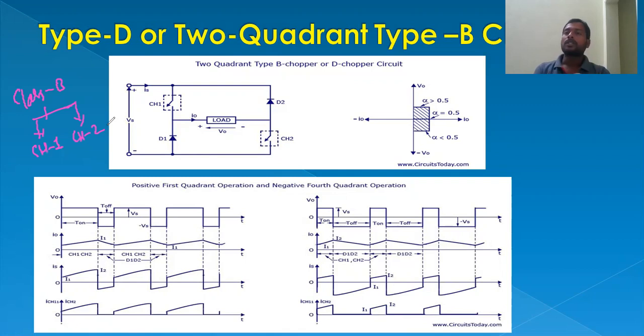When chopper 2 is on, we should keep chopper 1 off in class C chopper. But in this class D chopper, both thyristor 1 and chopper 2 turn on at a time, and both turn off at a time. This is the condition.